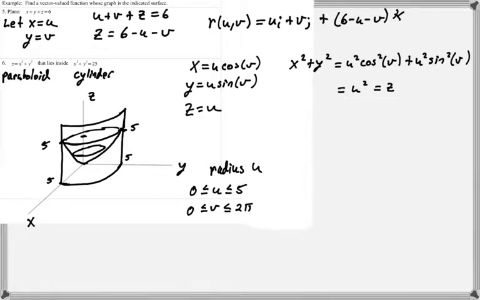The paraboloid is z is equal to x squared plus y squared, so z is equal to u squared. Okay, there we go.